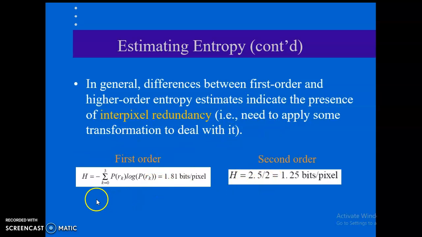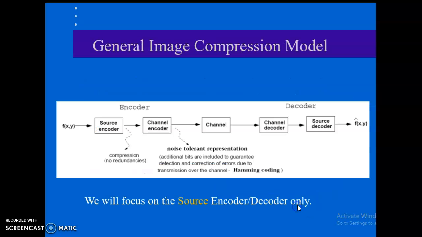First order: H equals minus the summation over k equal to 0 to 3 of P of rk log of P of rk, which equals 1.81 bits per pixel. Second order: H equals 2.5 divided by 2, which equals 1.25 bits per pixel.